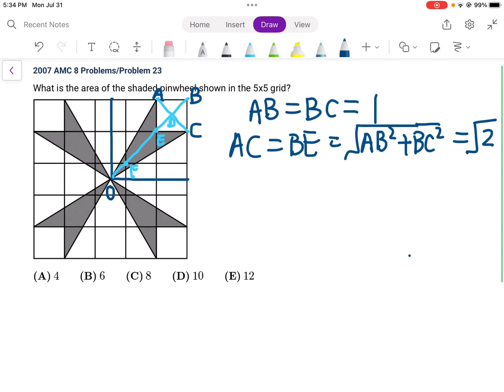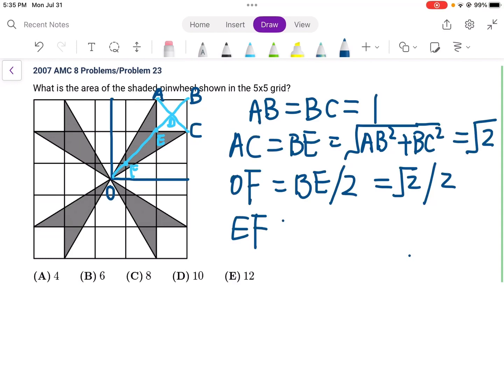Now, similarly, we can get OF equals BE divided by 2, because it's the diagonal of a cell. That's square root of 2 divided by 2. And then EF also equals BE, which is square root of 2.